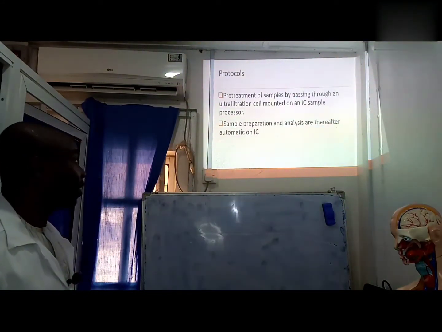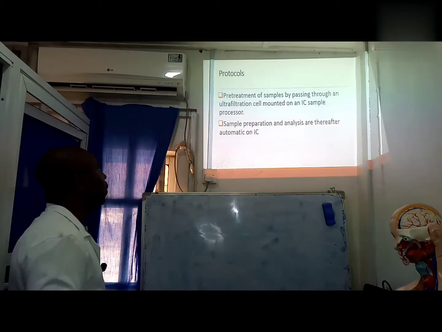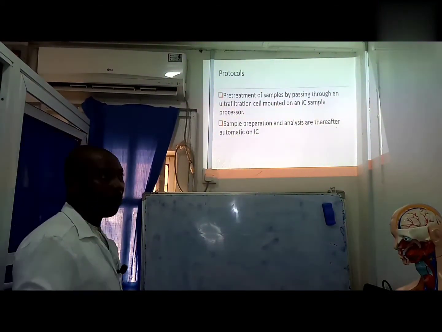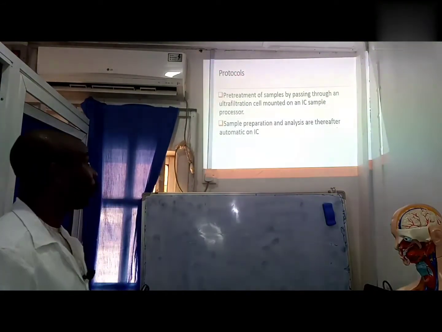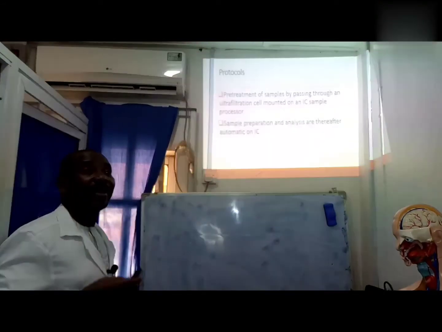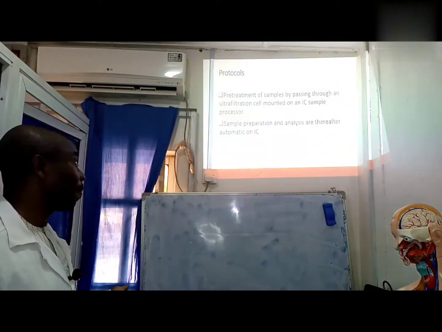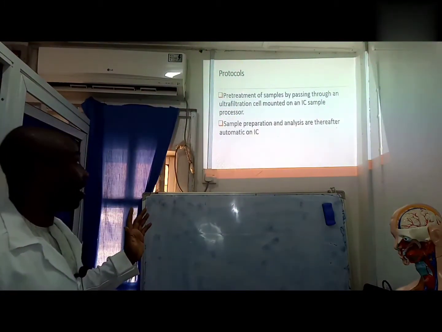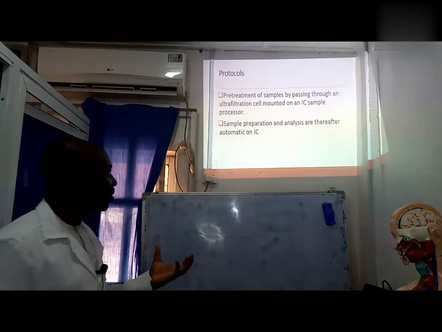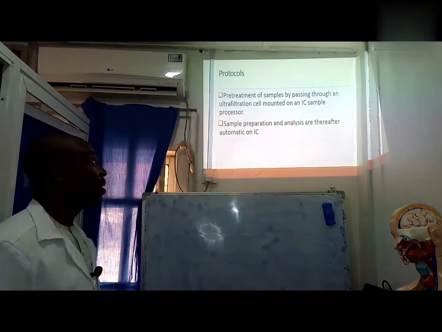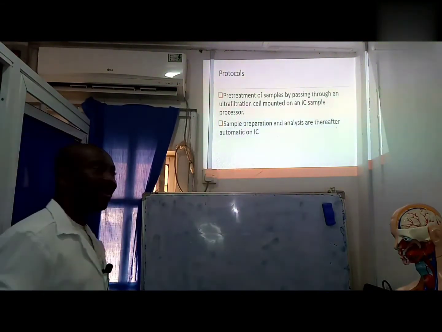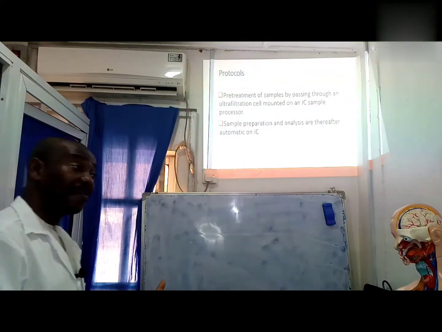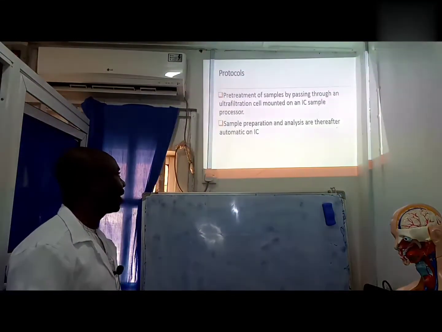So pre-treatment of samples by passing through an ultrafiltration cell mounted on an IC sampler is a must. This protocol and procedure needs some technical know-how, and we like to say that the way we treat the samples before we pass them into the ion chromatographic system is what guarantees and drives the result that we get ultimately.